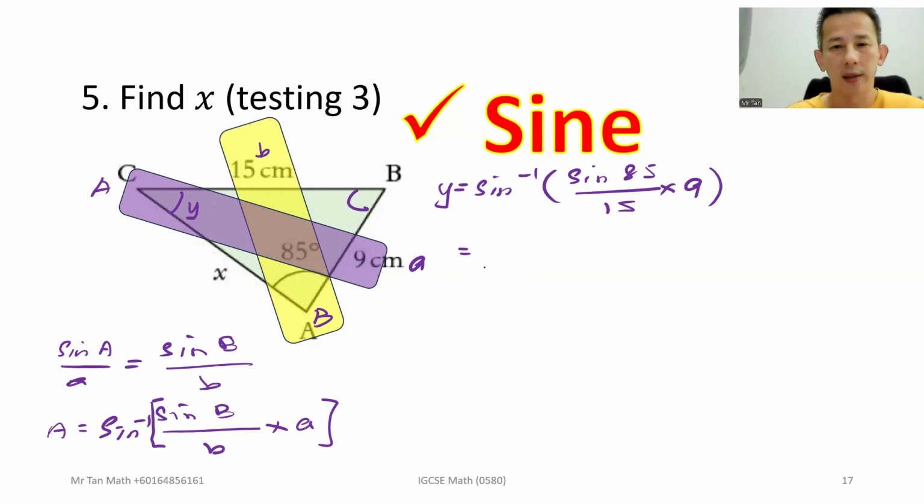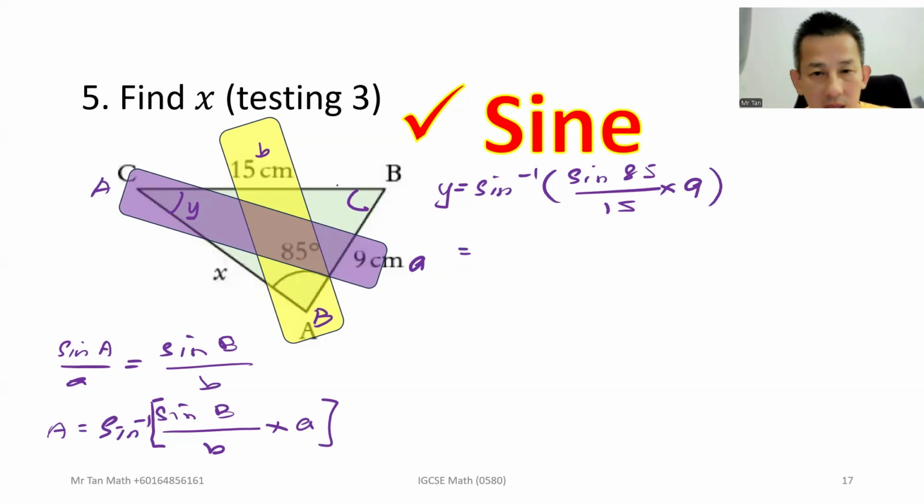You can calculate. So sine inverse of sin 85 over 15 times 9. Oops, sorry. Sine inverse, open bracket, sin 85 divided by 15, times 9, close bracket.